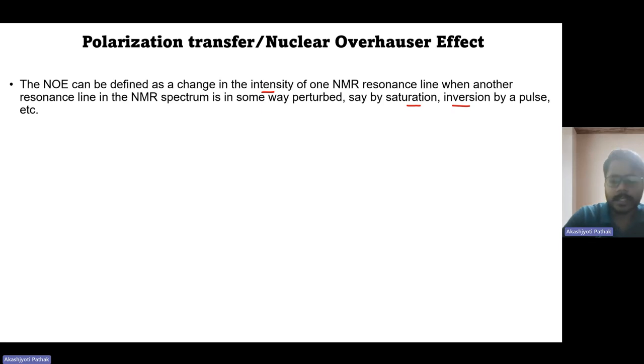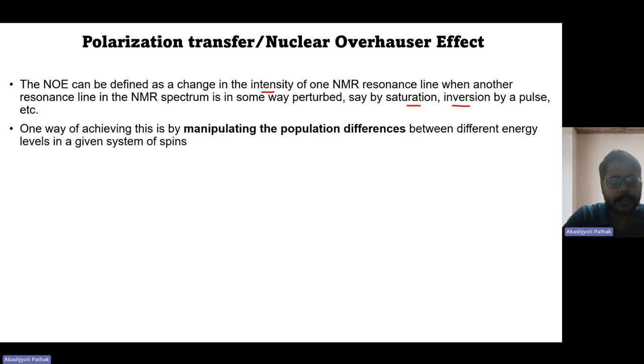The essential condition for this to happen is that the two nuclei must be in some kind of interaction. The interaction by which these two nuclei get connected with each other is known as dipolar interaction.